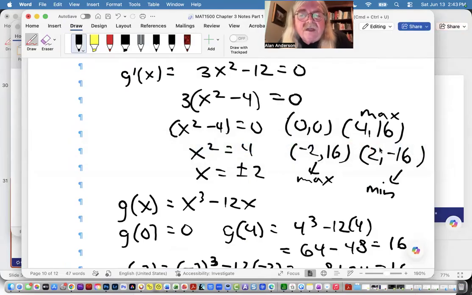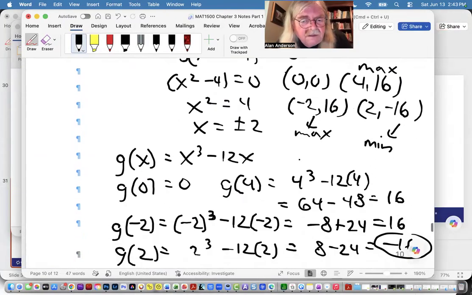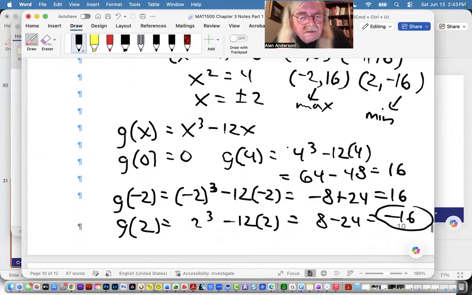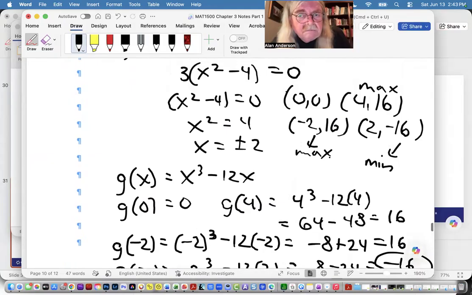Well, we got these two right. I don't know why they're leaving out this negative 2, 16. Is that correct? Minus 8 plus 24, that's 16.